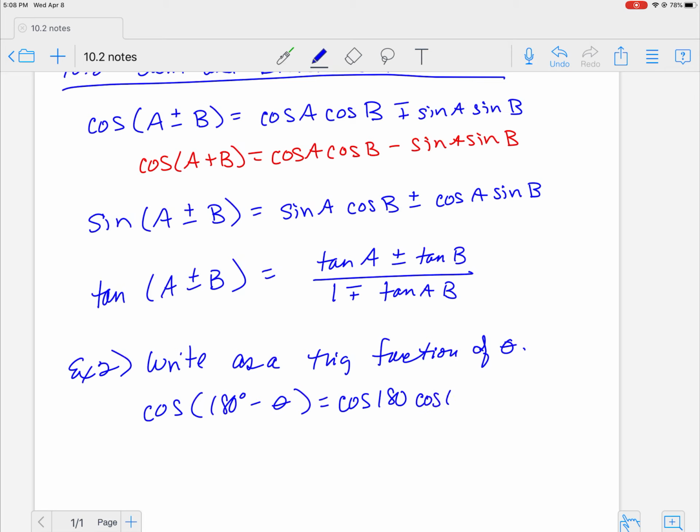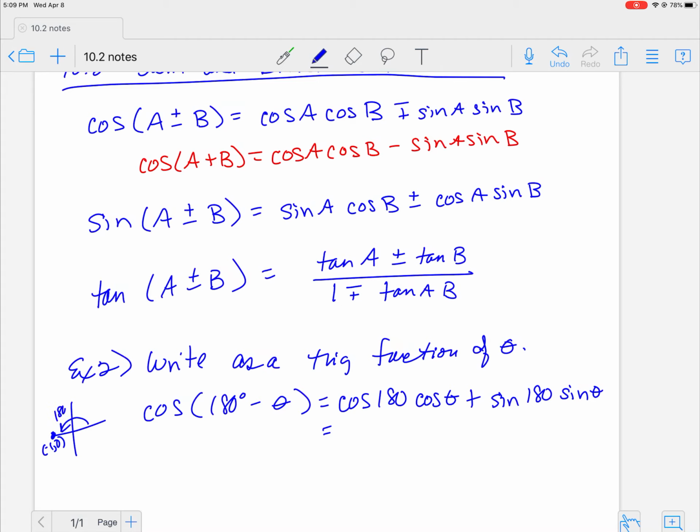I know this is a minus, so that means my formula is going to be plus. So I have cosine of my first term, which is 180, and cosine of the second term, which is theta. Because this is a minus sign, I'm going to add between them. And then I have sine of the first term, which is 180, and then sine of the second, which is theta. And then you simplify that.